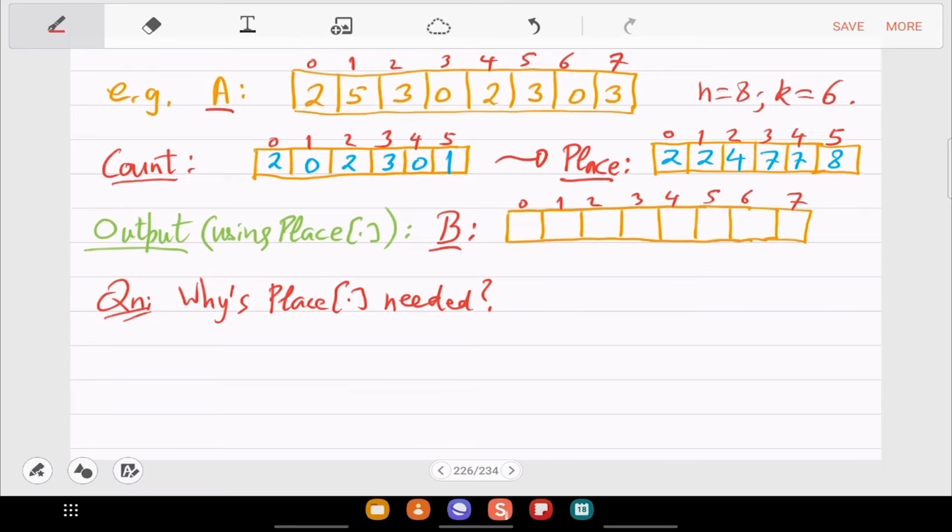That 3, where should it go? For that, place is needed. Because in place you see that 3 ends at 7. So we can be sure that this student comes here in the output. Is that clear? That's the use of place.